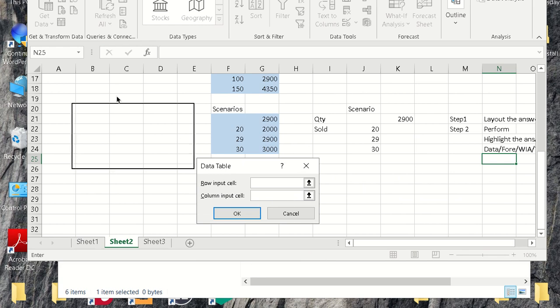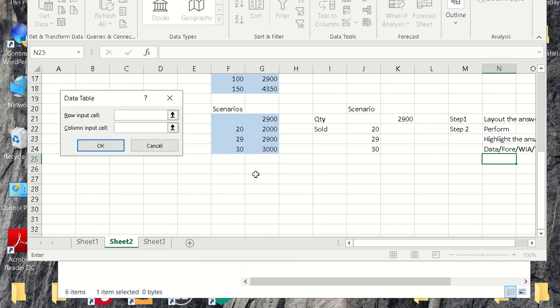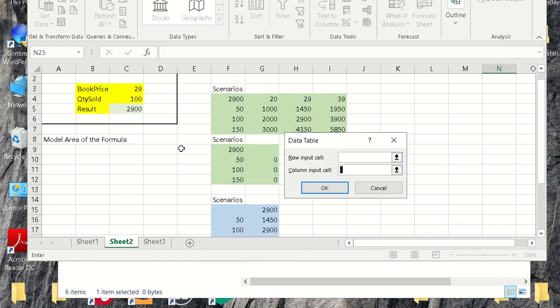At this point, since you are not doing anything to the horizontal, this row should be left blank. Only the column input. So in the column input, you write down the pattern. Where is the pattern? And what is the pattern? You move up.